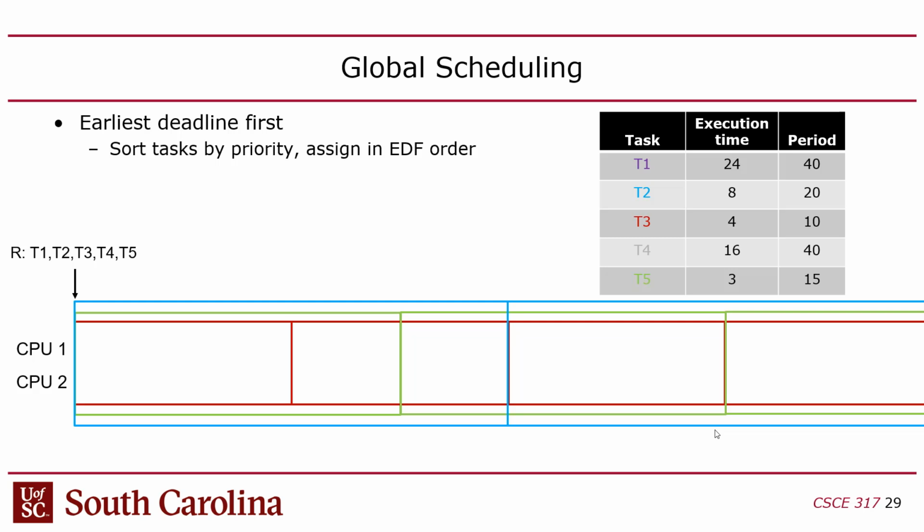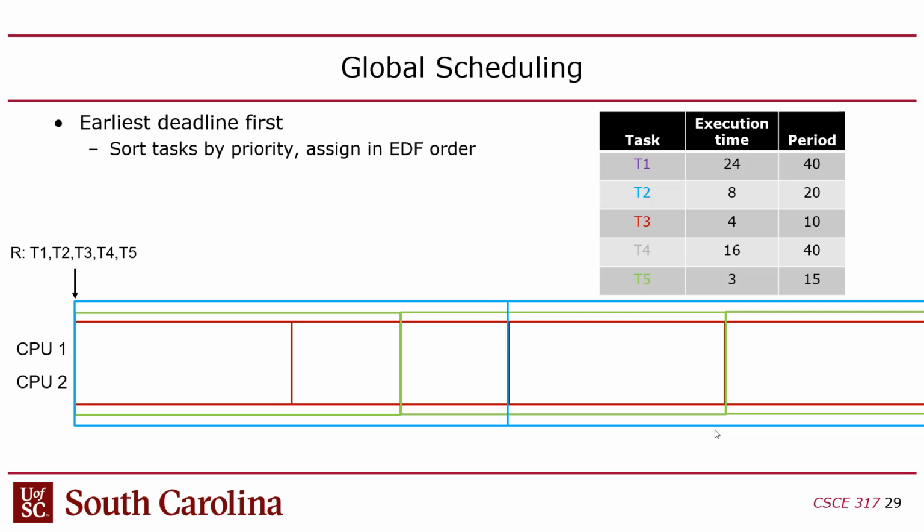Likewise, every time a task ends its execution for its period, you have to recalculate what tasks are ready, and then the tasks that are ready have to have their priorities calculated.